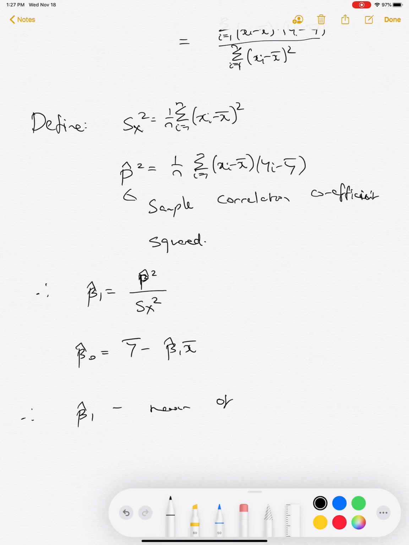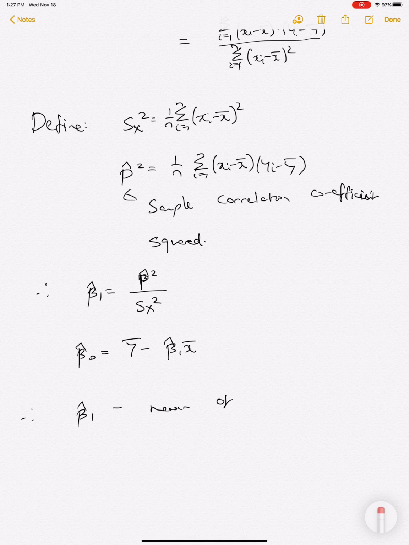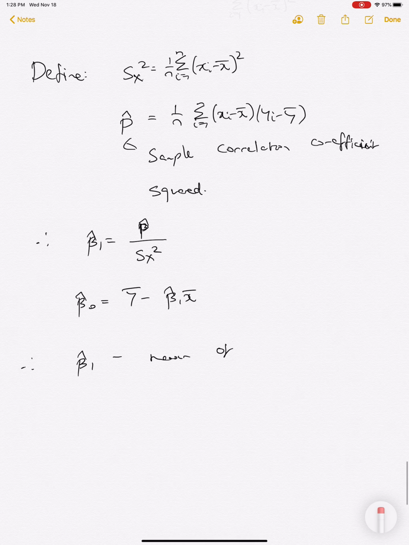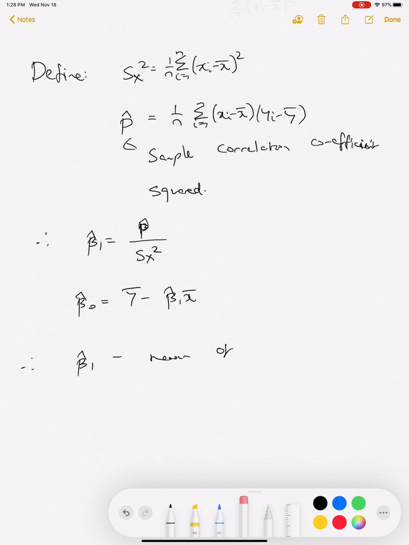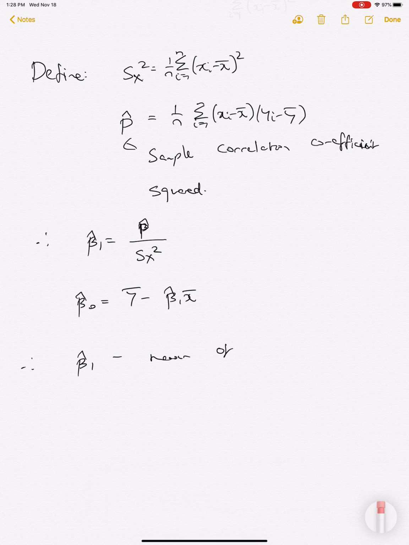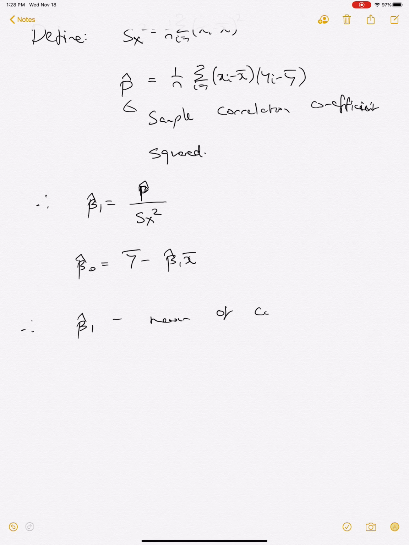That is incorrect, I believe. There shouldn't be a squared here. That's my bad. That's just the definition. I'm sorry. There shouldn't be a squared there. So beta hat 1 is really just a measure of the correlation normalized by Sx squared, because you need to normalize by the variables.